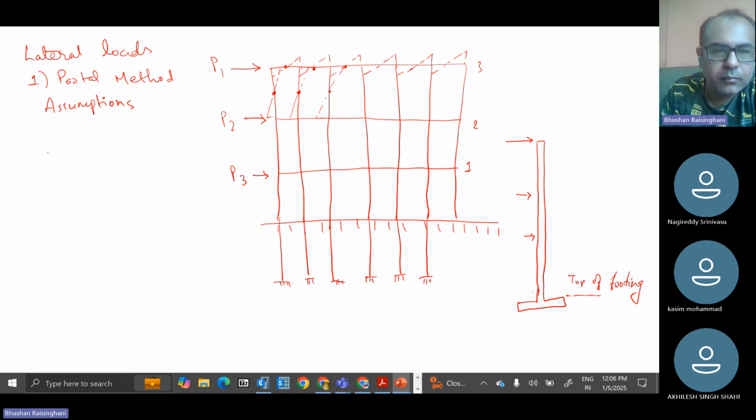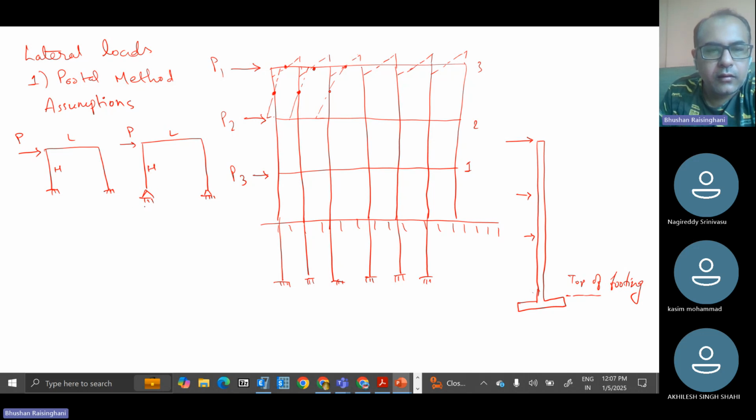If I give you a simple portal frame, in the NPTEL course it has been mentioned. They have given a comparison between two portal frames, in which one is fixed and one is pinned. I'll ask you, this is L, this is H, the length and height.